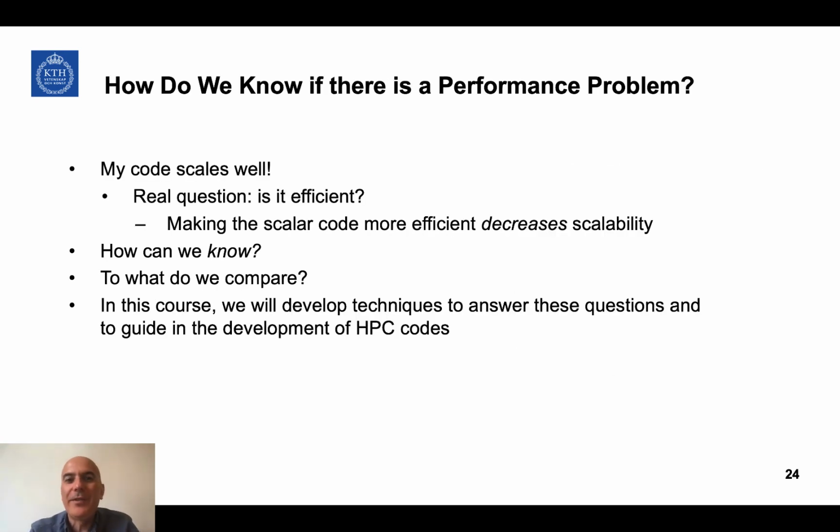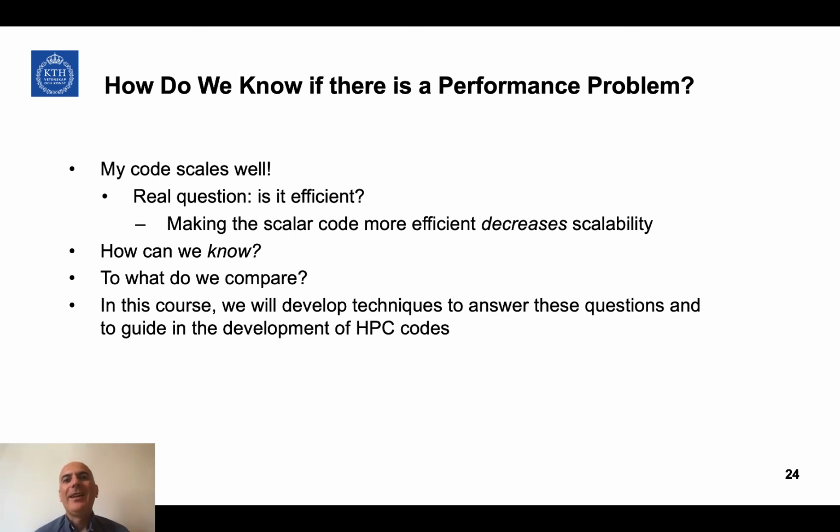So how do we know if there is a performance problem? Well, for instance, if you are in the team that developed the blue code, you will say, well, my code scales well. So the real question we might have is, how efficient is it actually? Making a unicore scalar code more efficient has the drawback of decreased scalability, right?